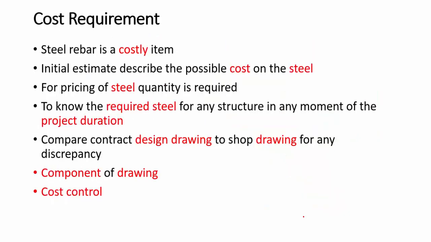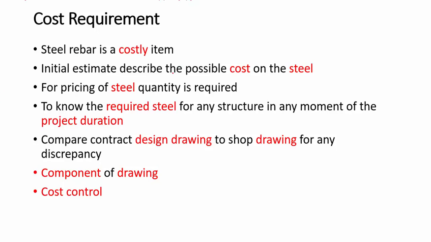So what are basically the cost requirements? Steel rebar is a costly item. As you know, steel is one of the most expensive items in building construction. The use of this steel bar is too much and the cost is also too much, so it is considered an important point because it decides how much the building is going to cost.